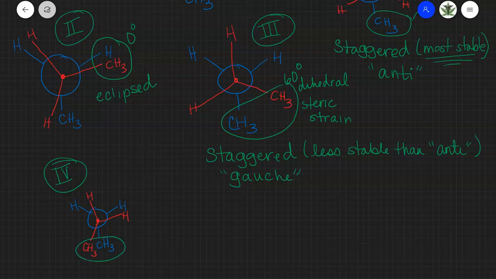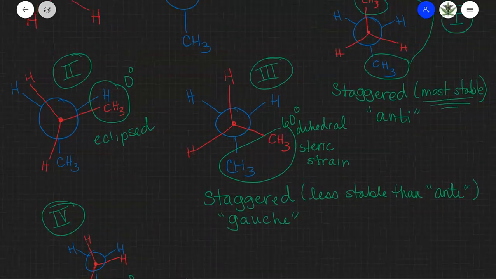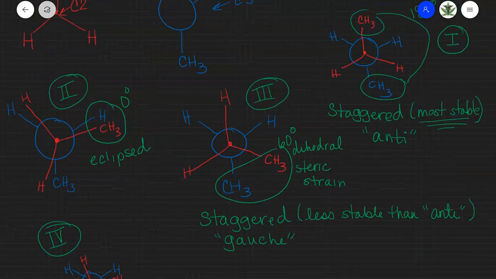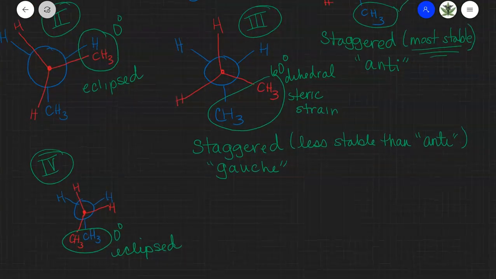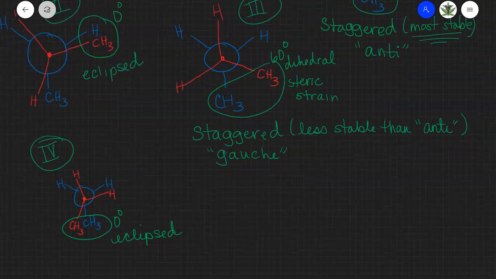And again, what you see is a 0-degree angle. And this again is a conformation that is eclipsed. So what you see in the staggered anti, again, the methyls are far apart. They're on opposite sides. When you see the eclipsed, the atoms are closer together, a 0-degree angle.